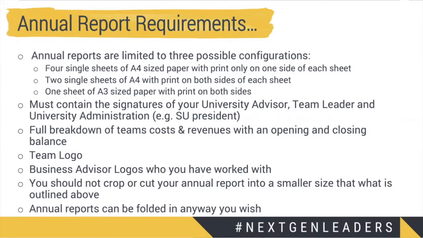Yeah, what I found works best is you give them the actual annual report for them to sign so that they know what they're signing, but separately also asking them to sign a blank piece of paper that you can then Photoshop that signature onto your digital annual report. You don't want them signing 200 copies. Yeah, bit tiresome. Yeah. It's also a really good way of getting a bit of exposure in university.